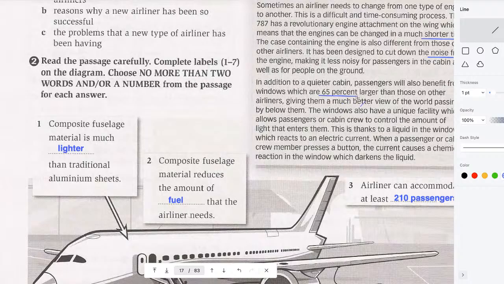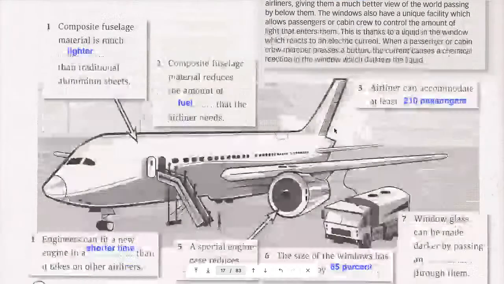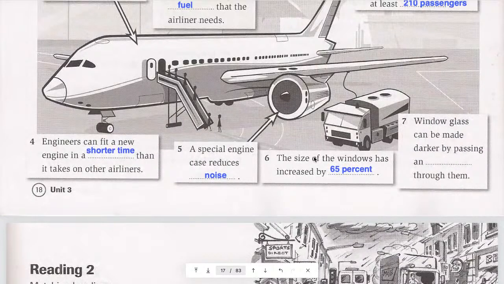Yes, that's right, 65%. The meaning is the same. This one is obvious, right? We are talking about windows, and they say which are 65% larger than those on other airliners. So here they say the size of the windows has increased by 65%.